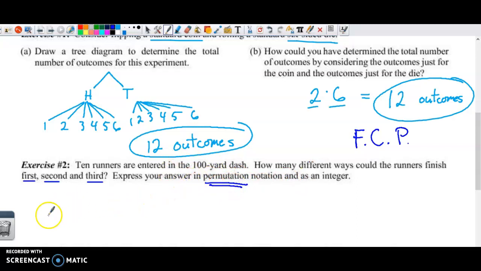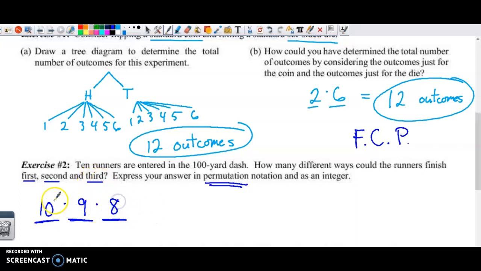What the fundamental counting principle is, and I think I've talked about this in an earlier video, is you could just write out 3 places because you have 10 runners that could get first place. But then one of those runners has to get first. So how many options do you have for second place now? 9. And then how many options do you have for third place?